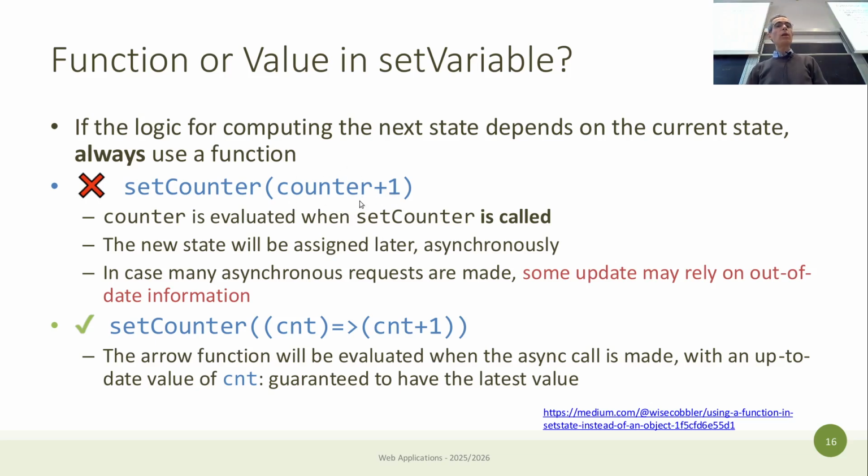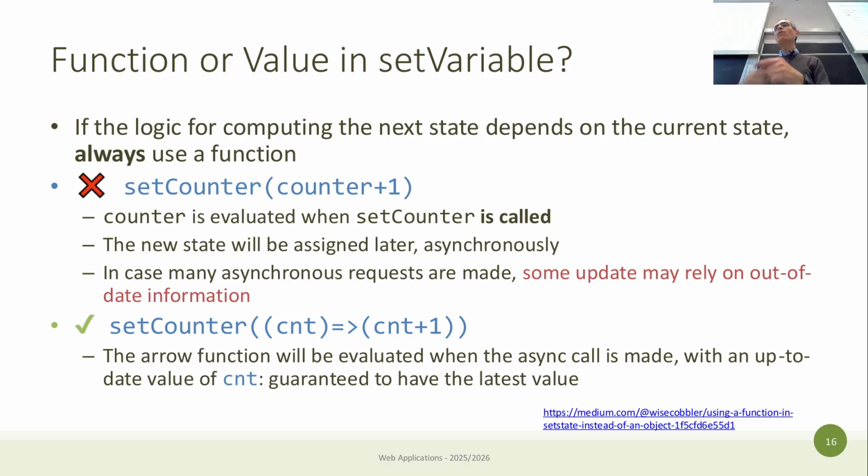But counter is not guaranteed to be the last value of the set state that might have been called by React, right? So, let's assume you click quickly, okay, on a button that does +1.